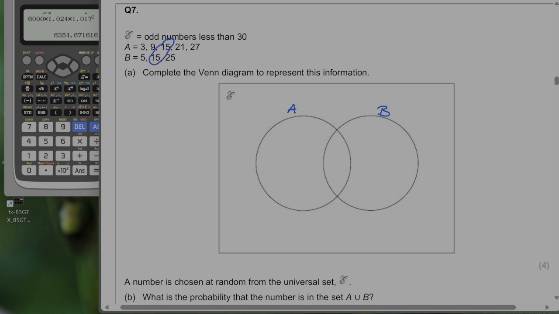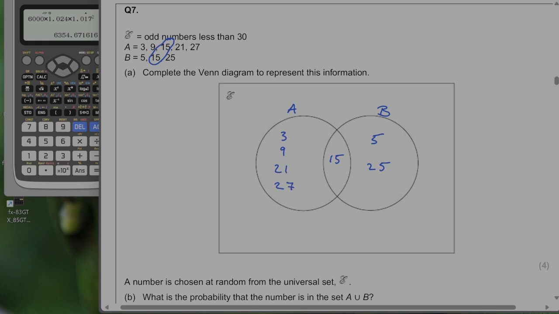So it looks like I've only got 15 as my intersection. Right, and then that means that set B, we have left 5 and 25. And then set A has got 3, 9, 21, and 27.